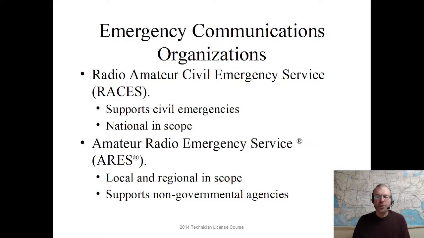Amateur Radio Emergency Service, ARES, A-R-E-S, a registered trademark of the ARRL, and that is local and regional in scope. It's run by the ARRL, supported by the ARRL, and it supports non-governmental agencies. So who would that be? That would be like Salvation Army, Red Cross, Excel Energy, places like that.